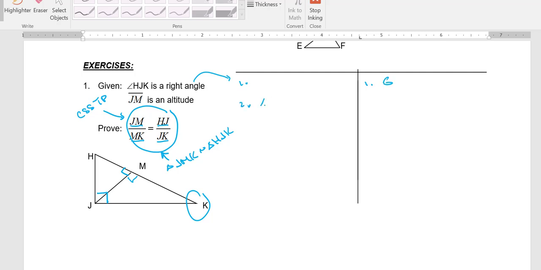Step 2, looks like I can say that angle JMK is a right angle. Altitude is going to give you right angles. Now I can say that the right angles are congruent to each other: angle HJK is congruent to angle JMK.